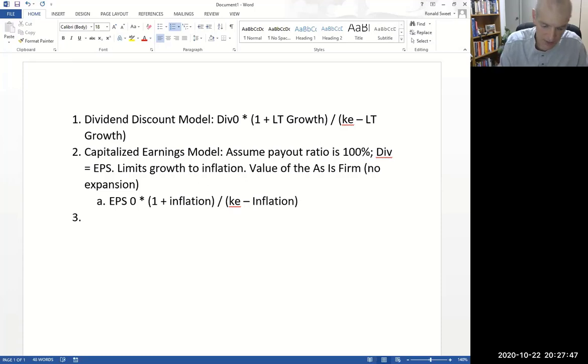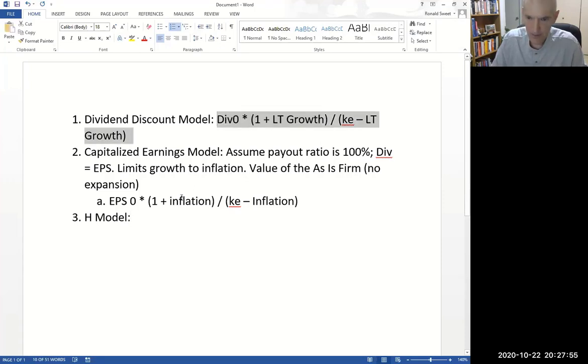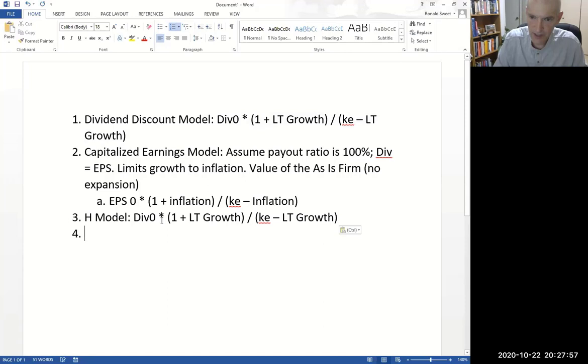The next one's my favorite, and that's the H model. So the H model is the dividend discount model all over again, but it's going to let you put in a higher growth period. So we're going to take the dividend discount model and add a hyper growth period to it.